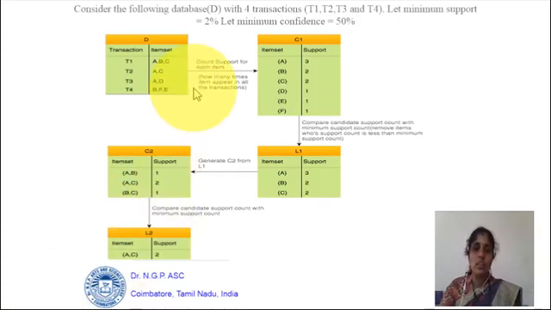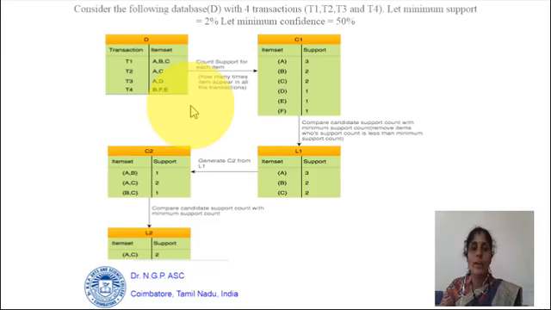Next in this session, here is also an algorithm which continues with the previous slide, considering the following database with 4 transactions, that is T1, T2, T3 and T4. We can identify the minimum support based upon the confidence level. If the confidence level is 50%, what is the minimum support procedure here?